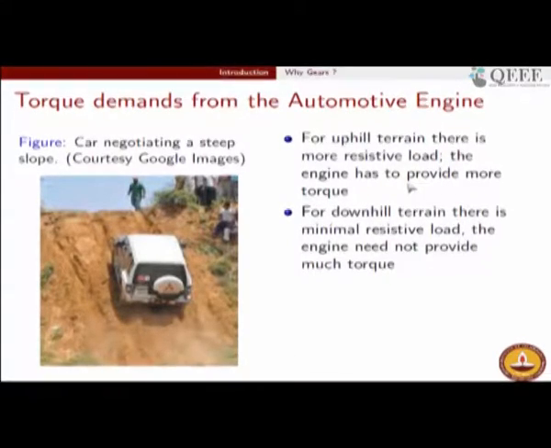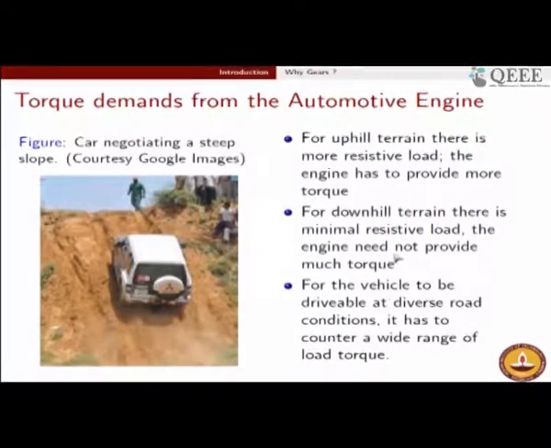Also, for a commercial vehicle, when the commercial vehicle is operating in the full load condition, the load associated with moving that vehicle will become high, as opposed to the case when the commercial vehicle is running empty, right. So, therefore, the moral of the story, as I said, is that the vehicle, to be drivable at diverse road conditions, has to counter a wide range of load torque, right.